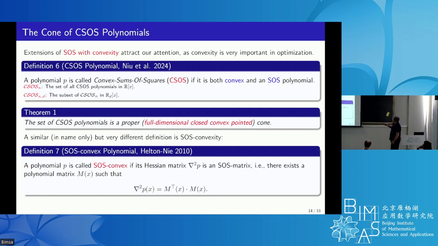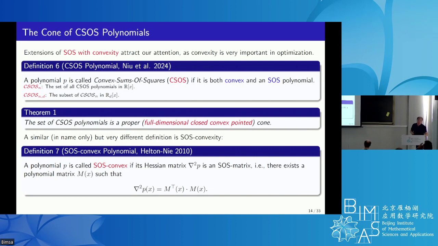So a naive extension is that we just combine sum of squares with convex. That's called CSOS, which we defined in our work, and we can show that the set of CSOS polynomials is a proper cone. So all properties of cones can be used in this field, and it helps us to establish the decomposition of sum of squares, difference of convex sum of squares.